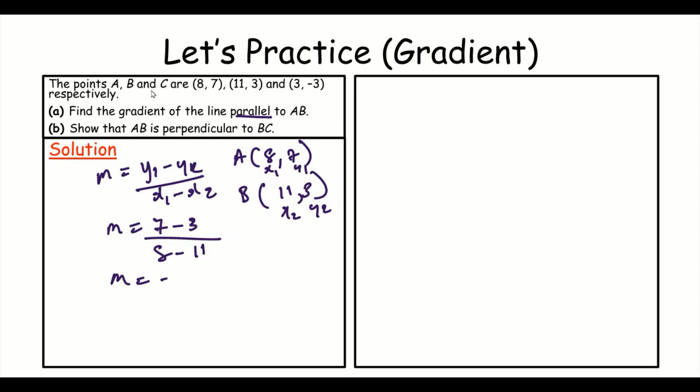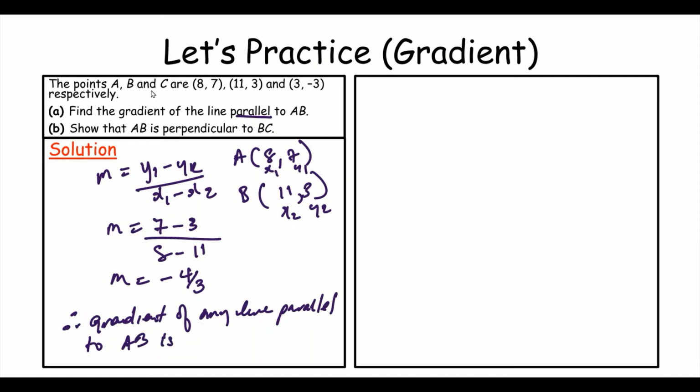So our gradient will be negative 4 over 3. Hence, the gradient of any other line parallel to AB is going to be negative 4 over 3.